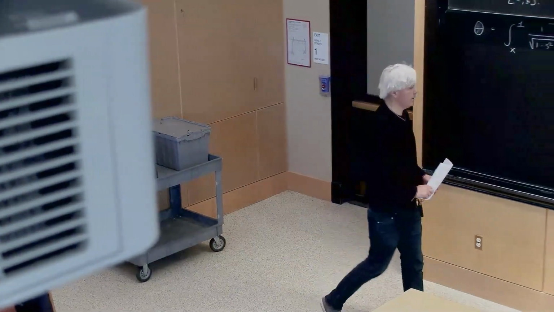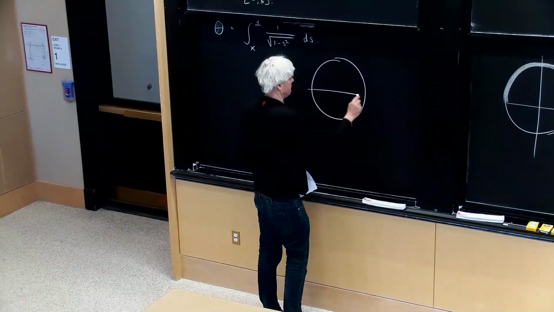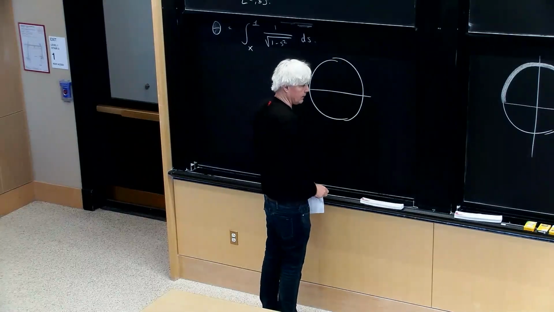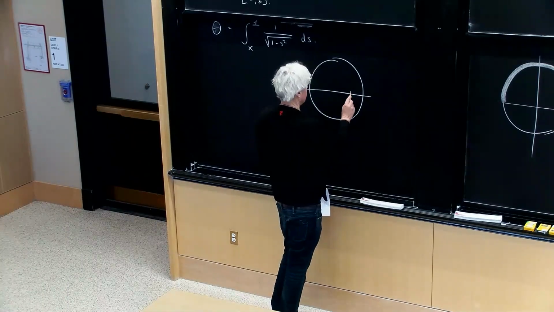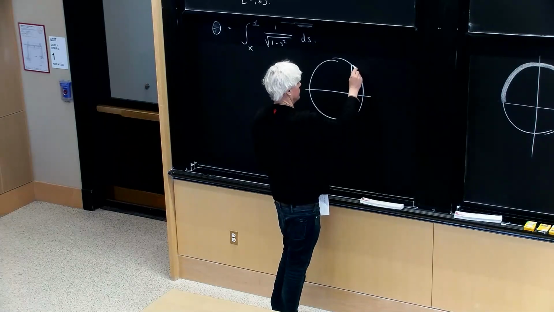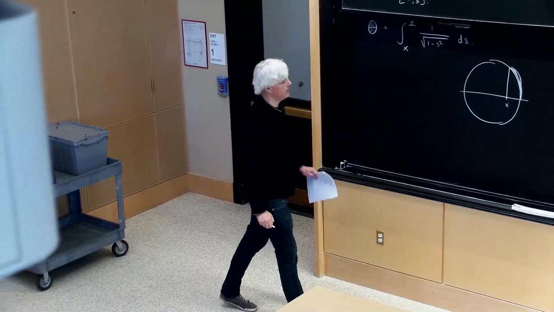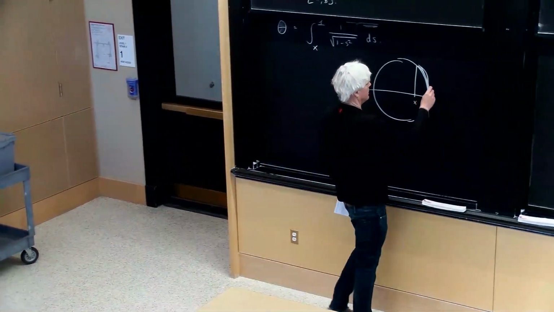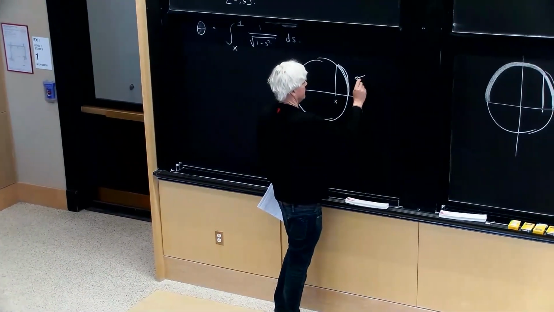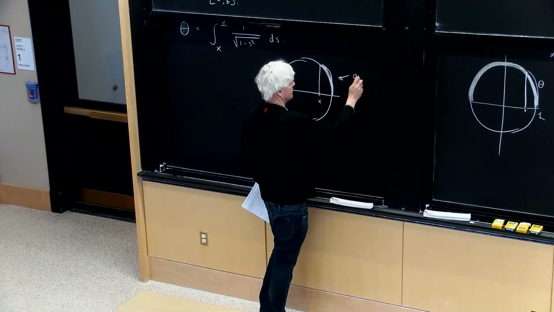But if you think about it, you have here the unit circle again. What we now calculated was that we take some x here, and then we calculated the length of this piece here. Well, that piece is, this is how you define the angle.